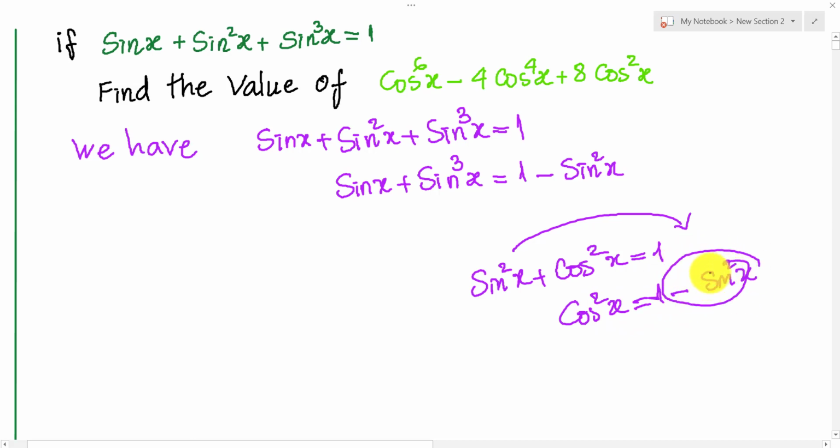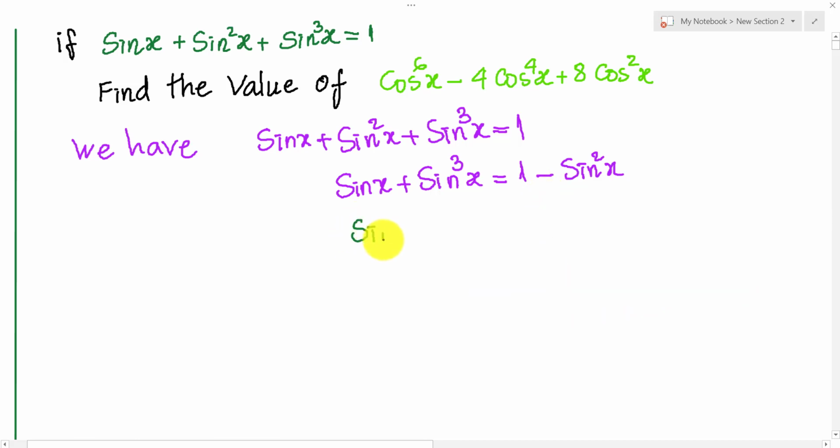So I can replace this by cosine square of x, and we get sine of x plus sine power 3 of x equals cosine square of x.